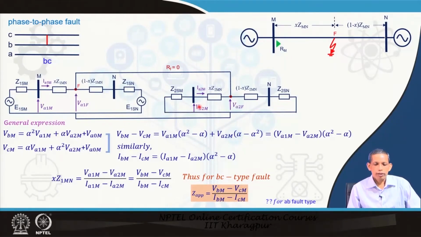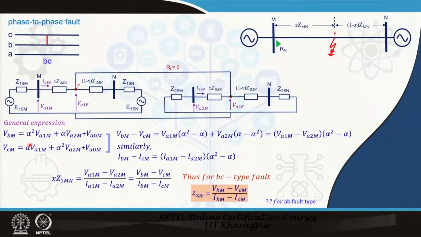From the same diagram which we saw earlier, we will continue. You can see how we can represent the corresponding sequence voltages and currents in terms of the phase voltages and currents.